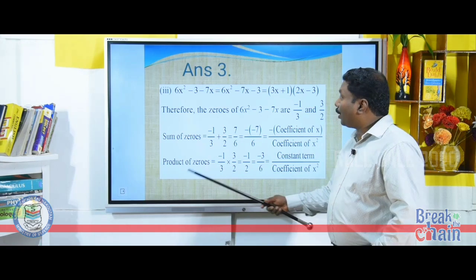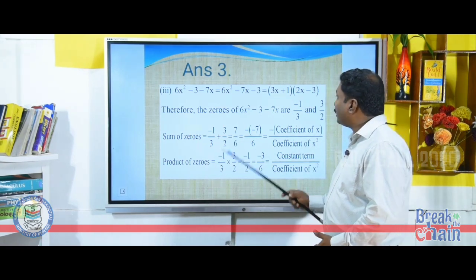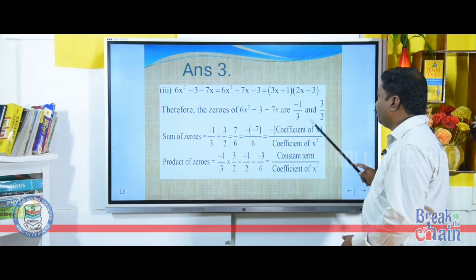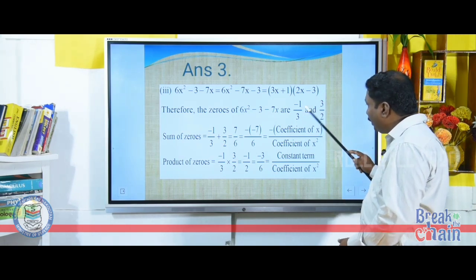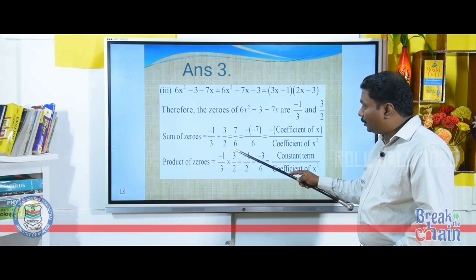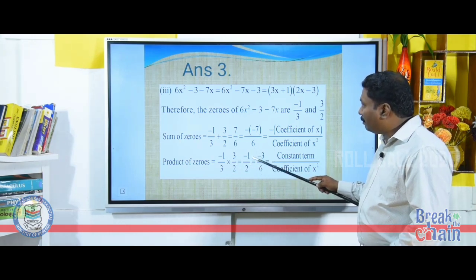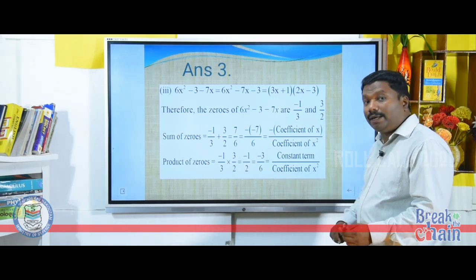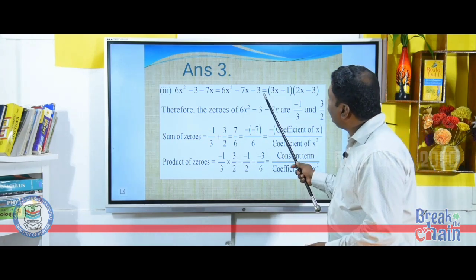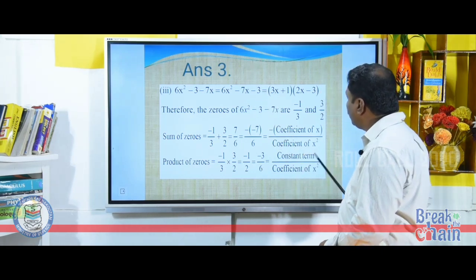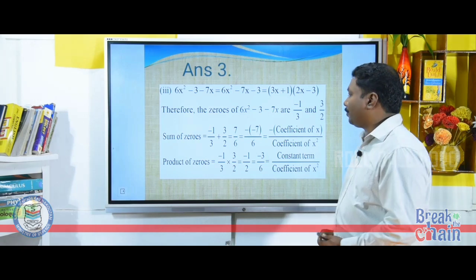And product of the zeros: the zeros are minus 1 by 3 and 3 by 2, their product is minus 1 by 3 into 3 by 2, that means minus 1 by 2, because 3 cancels. This minus 1 by 2 means c by a, minus 3 by 6, that is constant term by coefficient of x square.